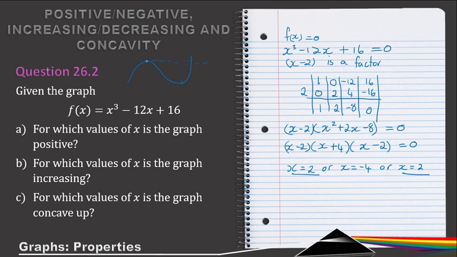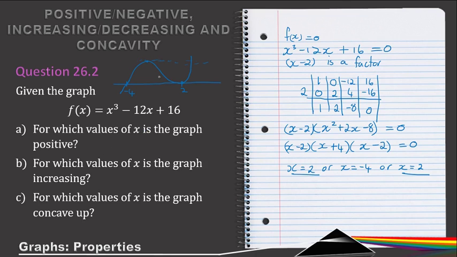Now, if that is 2, it doesn't make sense that negative 4 lies here. So our x-axis actually goes through here, where this intercept is at 2 and this intercept here is at negative 4. Okay, and we are looking for the values where the graph is positive.